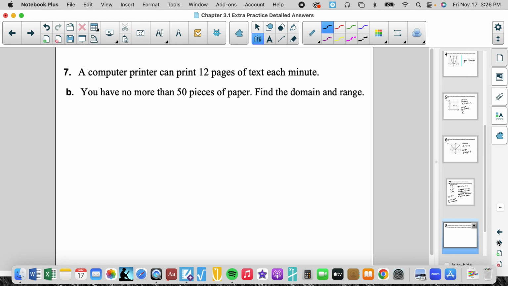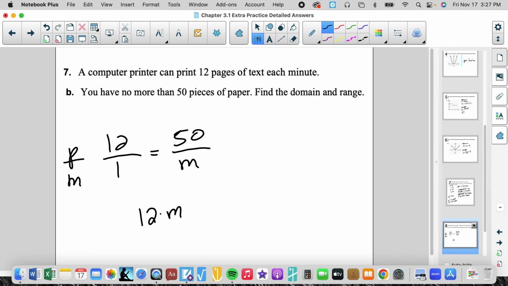So if it's 12 pages, let's do this, pages to minute. So if we have 12 pages for 1 minute, then what would 50 pages be for how many minutes? And we can do in that fashion, and we can do cross product. 12 times m is going to equal 1 times 50. 12m equals 50.